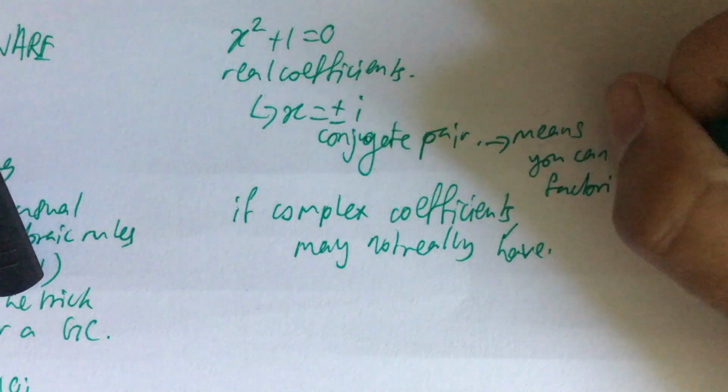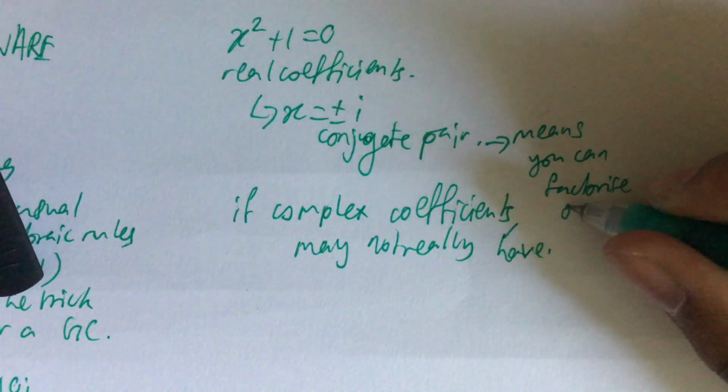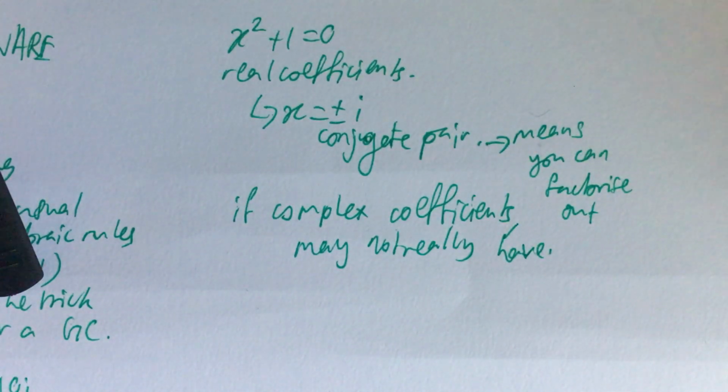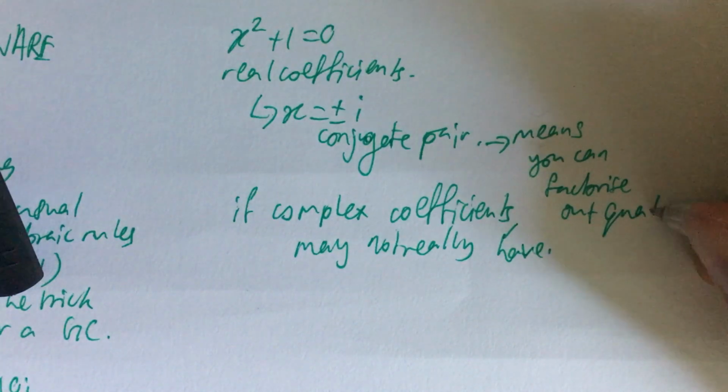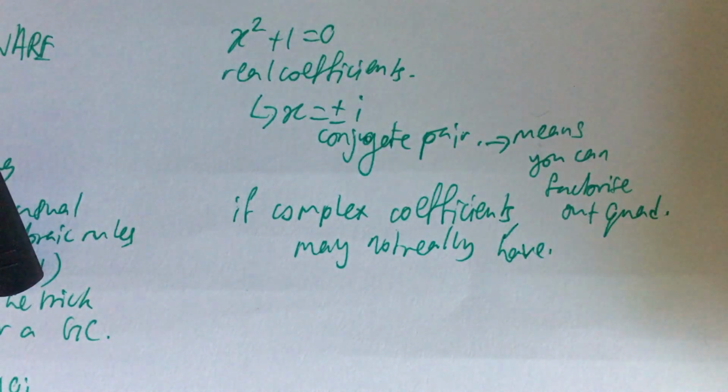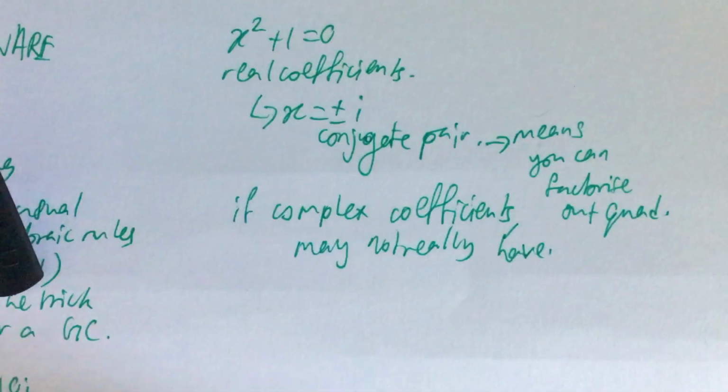If the equation has fully real coefficients, then you can actually factorize it into the quadratic and the linear factors. And the quadratic is the one with the conjugate root pair, and the linear will be the one which has another root, I guess. It could be a real or usually a real root, in the sense.